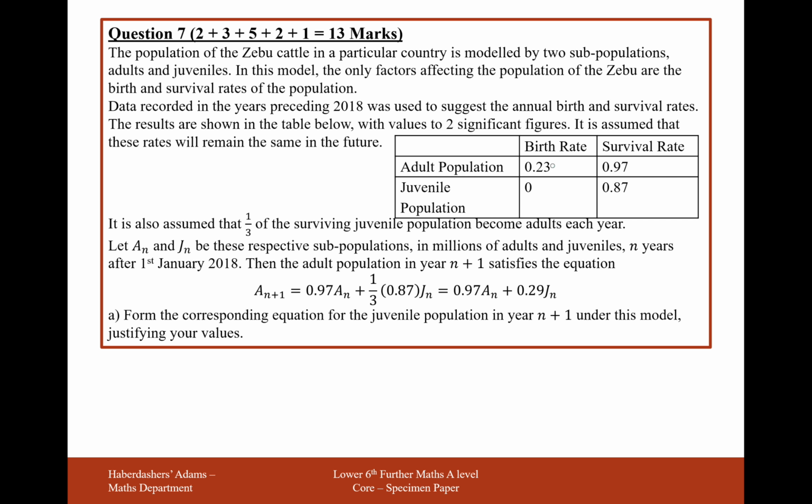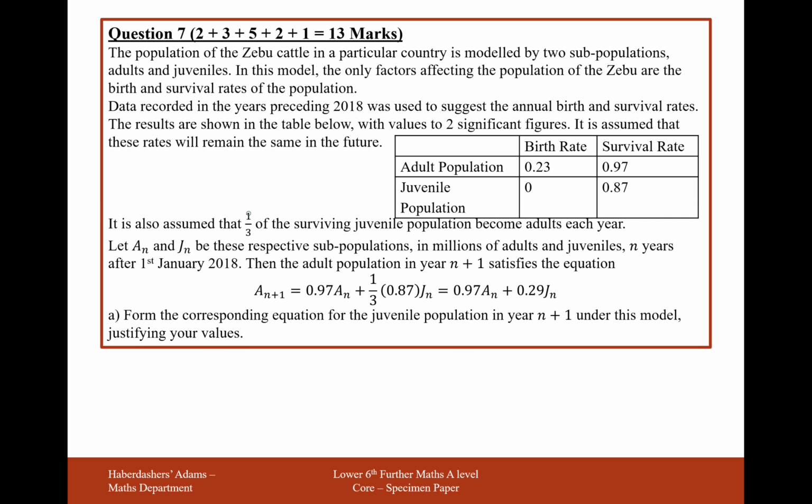So 23% of the adult population effectively gives birth to a new juvenile cattle. 97% of the adult population survive. The juvenile population can't give birth because they're only juveniles, and 87% of them survive, 13% of them will unfortunately die.